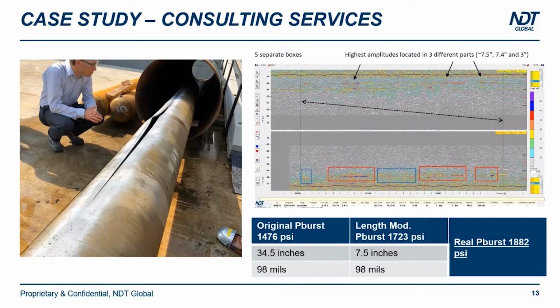If we just narrow it down to the deepest and longest anomaly of those 5, we have 1,723 PSI. Well, this joint failed at 1,882 PSI.